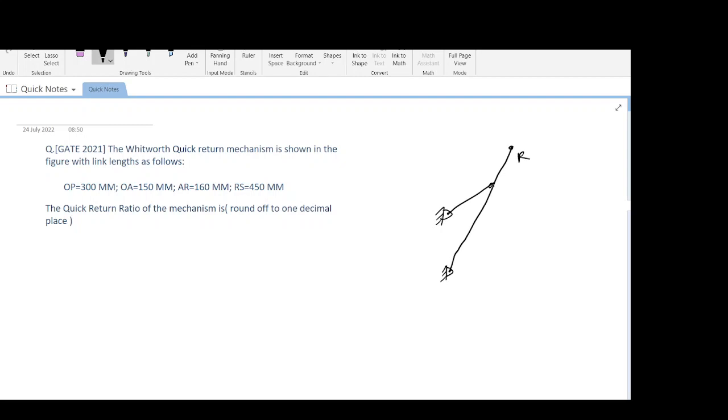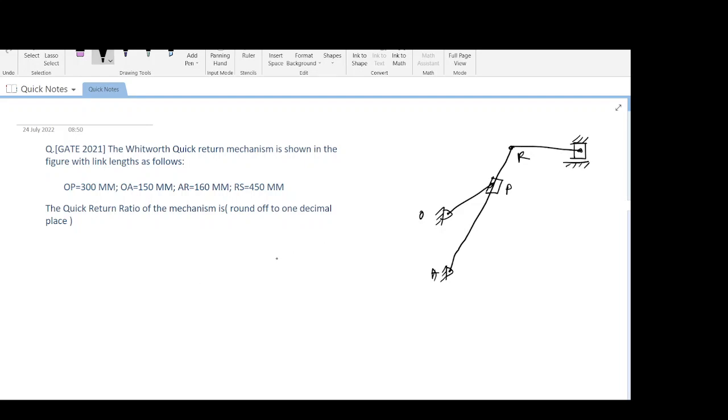This is R. This slider is P O A. So there is a connection of one sliding pair here. Yeah, this is the Whitworth quick return mechanism.